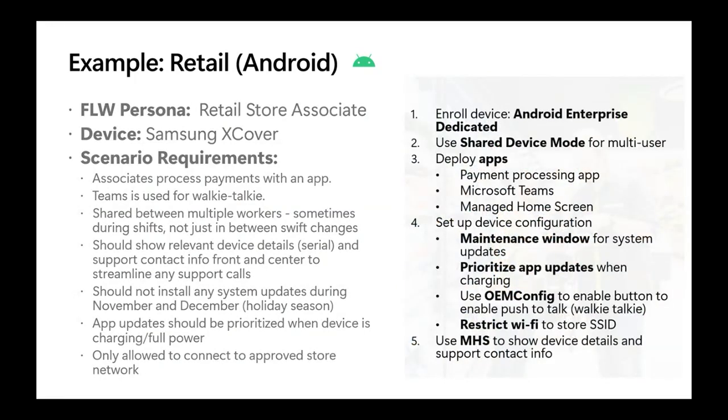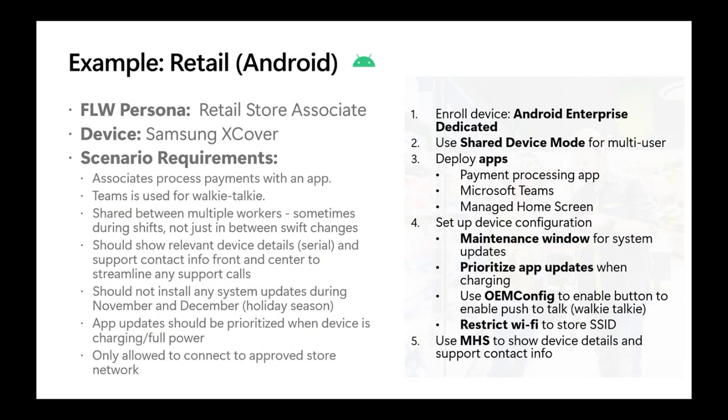So one example of how you could use Intune to set this up would be I can enroll the device with Android Enterprise dedicated, and then I can use shared device mode to get that multi-user experience that I would like. I'll use Intune to deploy apps, including the Managed Home screen, which gives me that consistent experience, as well as the ability to show troubleshooting information very easily.